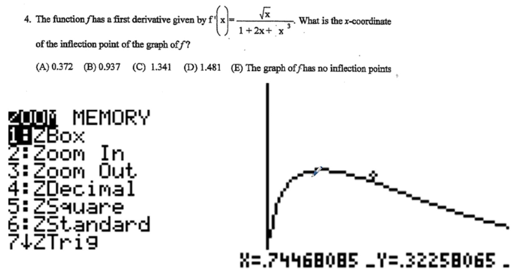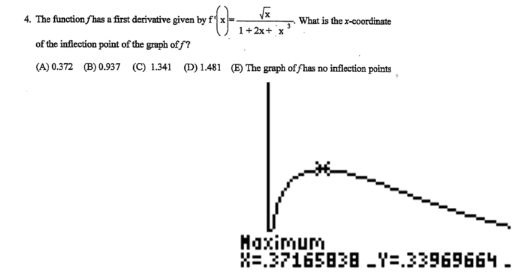So now going back, this is what it looks like, and when the slope of f prime of x changes, in this case from positive to negative, that's going to be our inflection point right here. To analyze that, we can go in our calculator, press second, trace, and option 4, which is maximum.